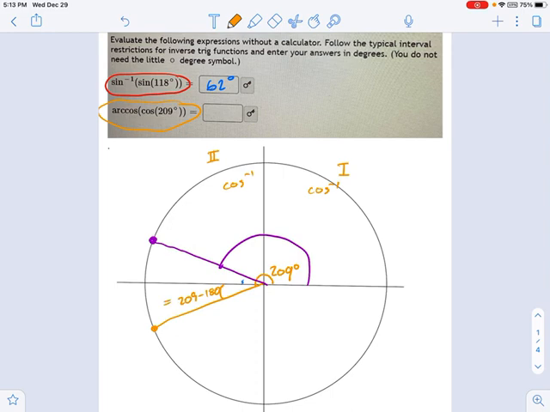So this is 29 degrees, that little angle right there, which means this is going to be 29 degrees also. Okay, so if that's 29 degrees, what's the angle over here? That's going to be 180 minus 29 degrees. So that is 151 degrees. There we go.